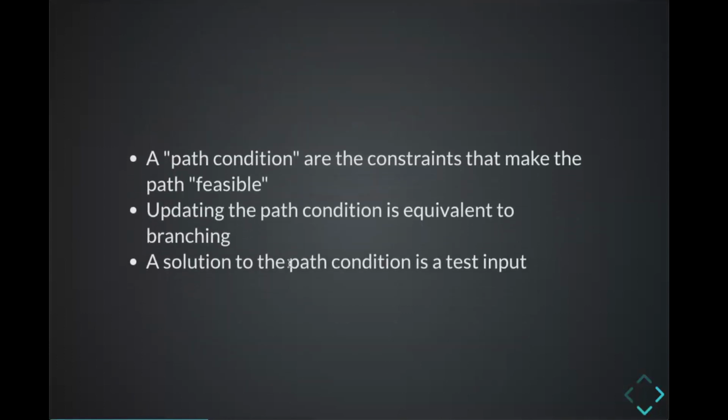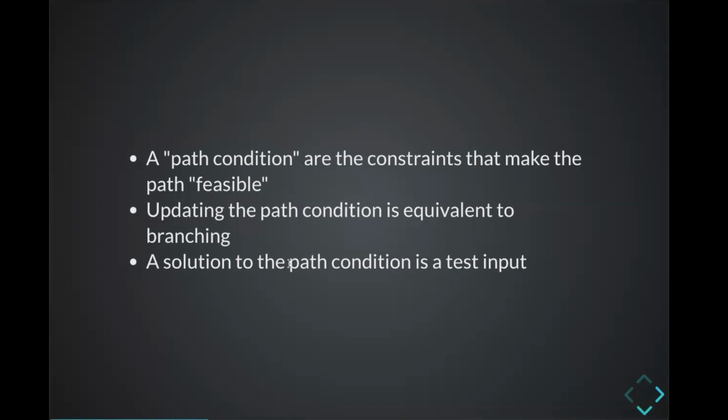A path condition are the constraints that make the path feasible, i.e. reachable. Updating the path condition is equivalent to branching, if you think about it, because the only time you can branch is when there are several possibilities, and each of those possibilities will have an updated path condition, and vice versa.